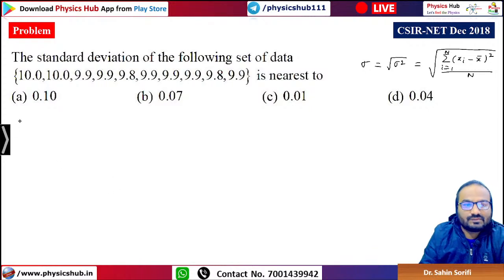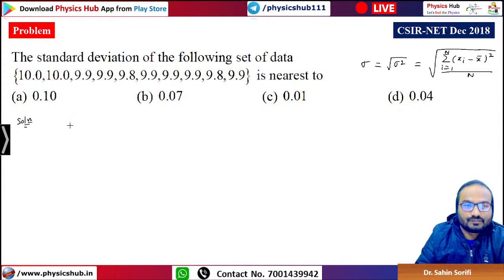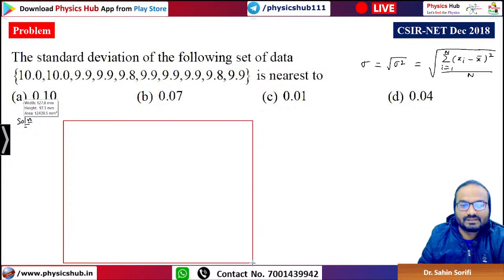So you can start with making a table. Just make a table like this.